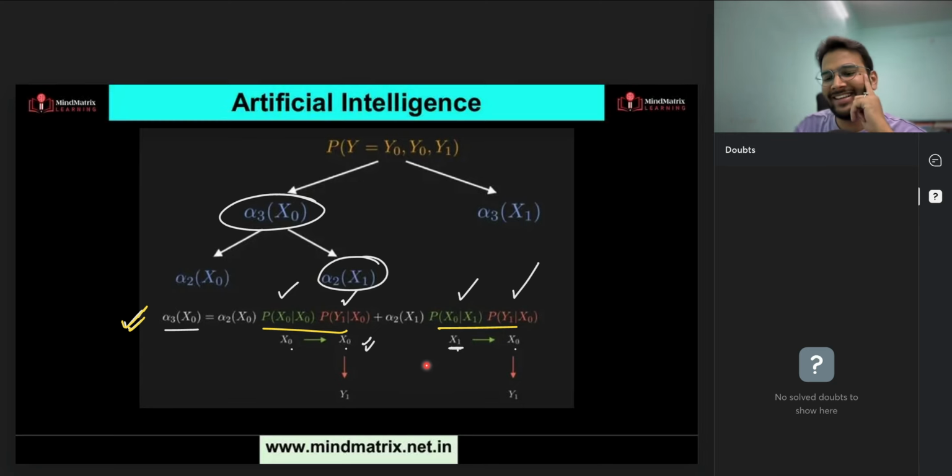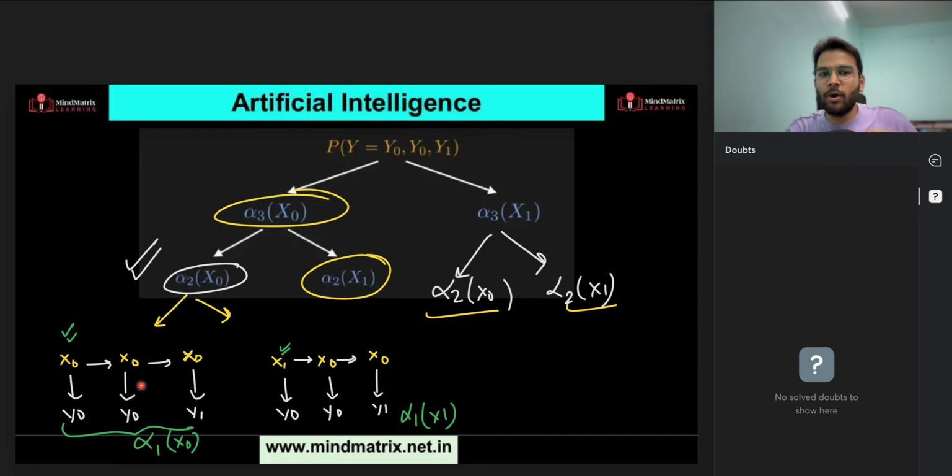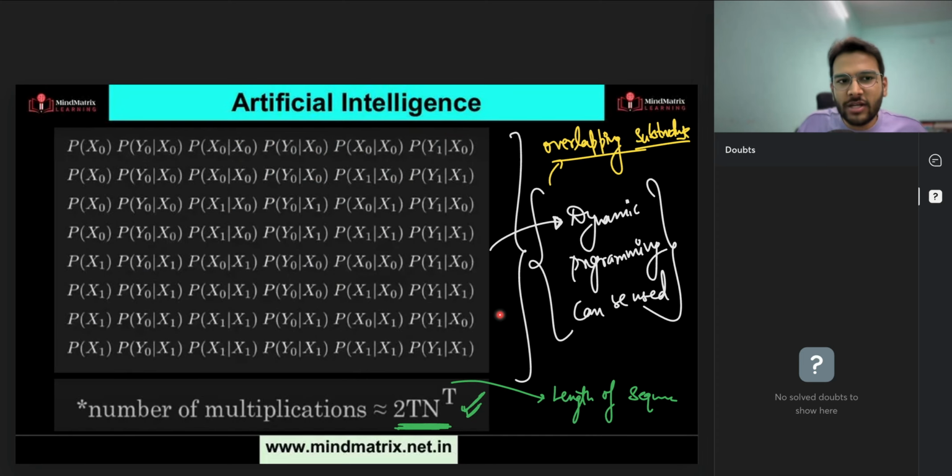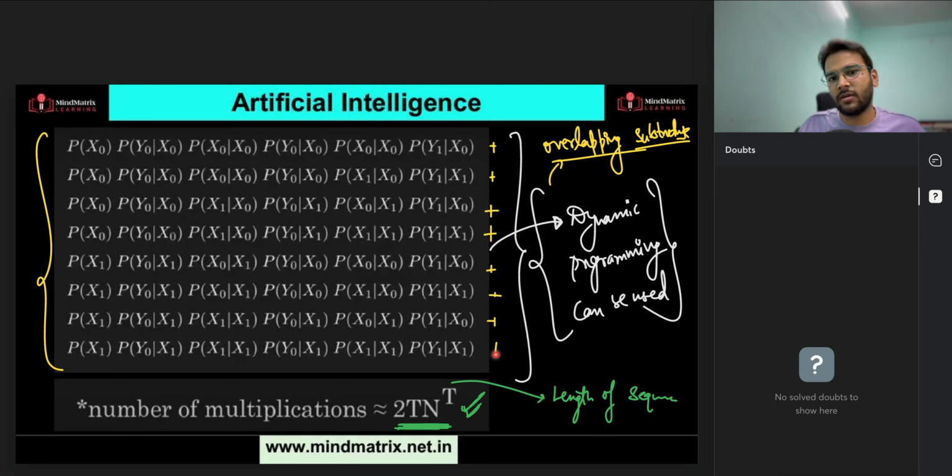If you carefully see, if I substitute further alpha 2 of x0 and alpha 2 of x1, then further alpha 1 of x0 will be there, alpha 1 of x1 will be there. So like this, if you keep on substituting, the sequences that you are getting, this is what you are going to get. So it will be the sum of all these. Is this clear now, Manjunath?